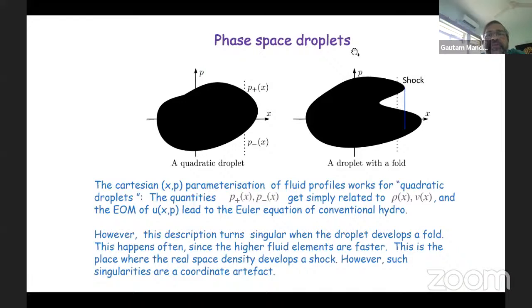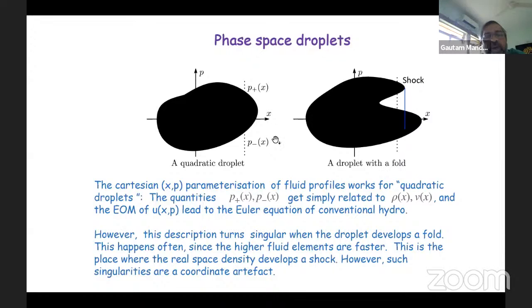So this is how the droplets look. Here is a simple droplet: if you take an X and draw a vertical line, in my convention X here is the horizontal axis and P is the vertical axis, it cuts the profile in two places, P plus of X and P minus of X. These points are P minus and P plus.